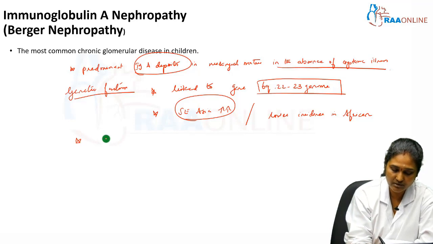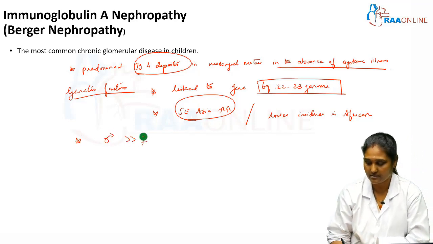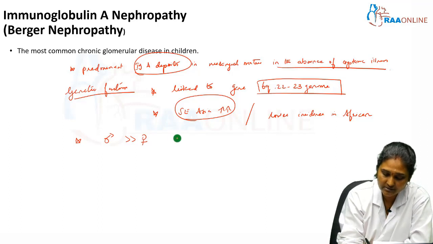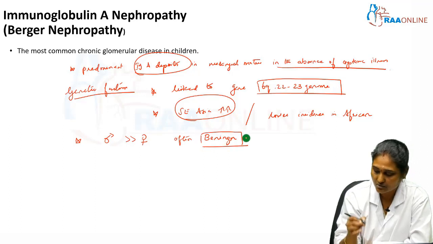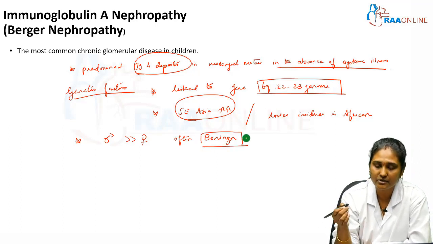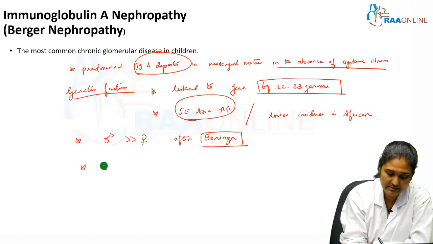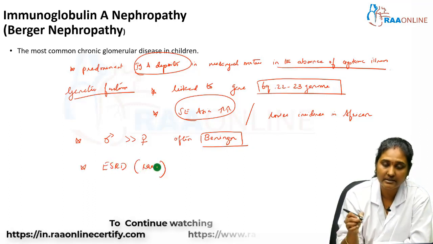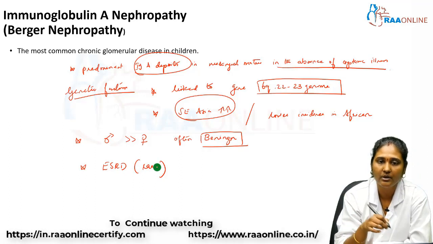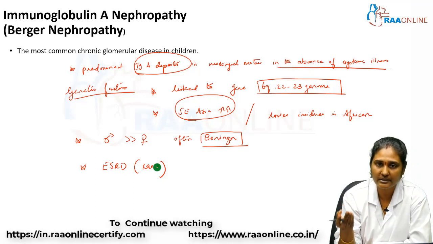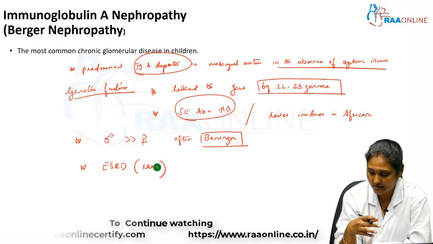In general, males are more commonly affected compared to females. And often it is benign in nature, so end-stage renal disease is rare. Generally it is of benign nature, and IgA nephropathy cases leading to end-stage renal disease are rare.